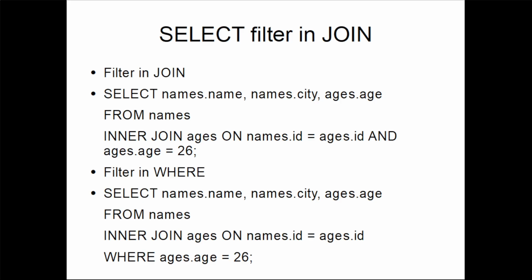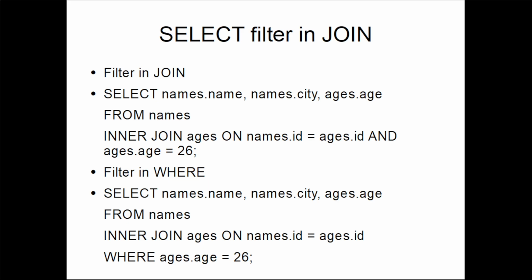The result is identical to the join filter, only Alice's record appears if she is 26. But the process differs. The database first joins all matching rows from names and ages based on names.id equals ages.id, creating a larger temporary dataset. The WHERE clause then filters this joined dataset to keep only rows where ages.age equals 26.